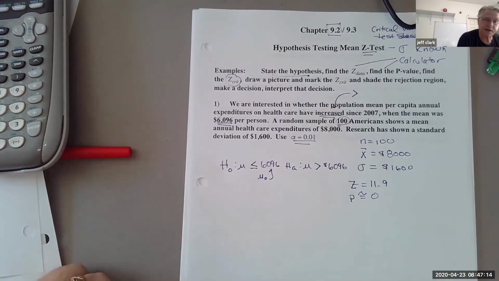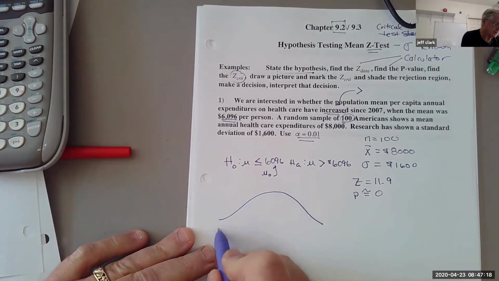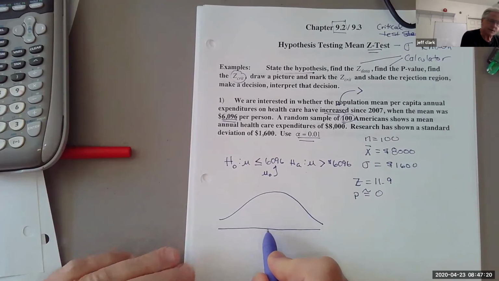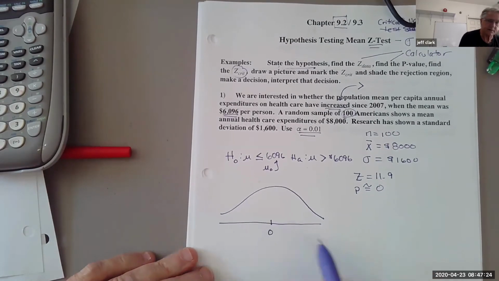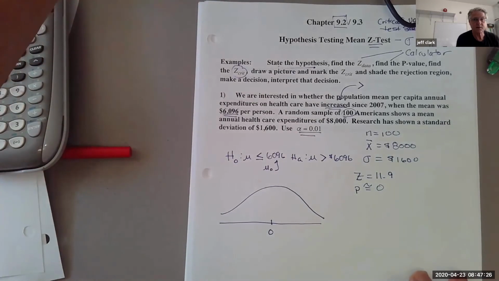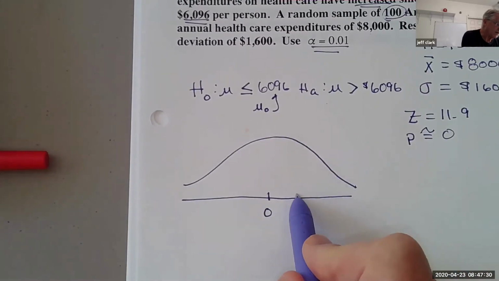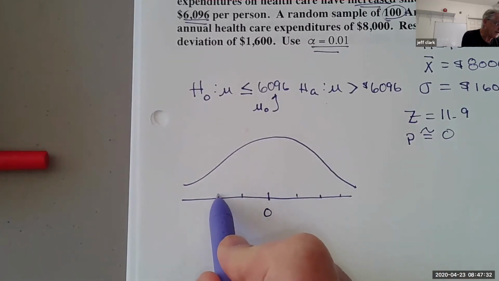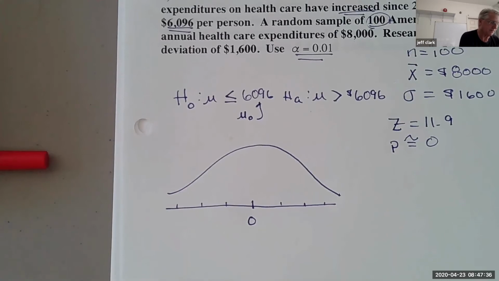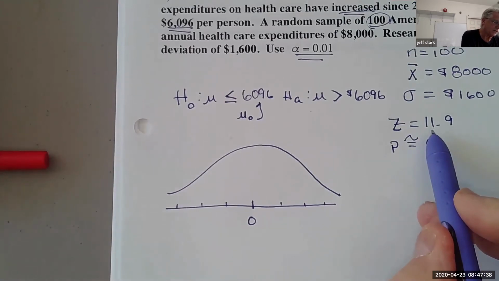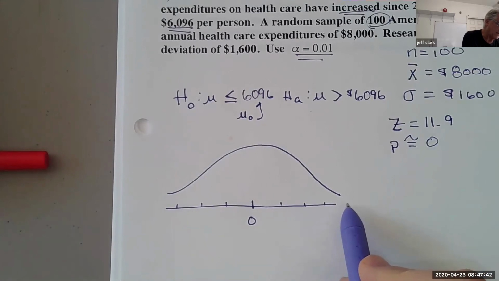Now, here's what you're going to do. You're going to take a bell-shaped curve that looks like this. Since we're talking z-scores, this is always 0 right here. You always have 1, 2, 3, -1, -2, -3, as you know. If this is a z-score right here, that's going to be way out in the right-hand side.